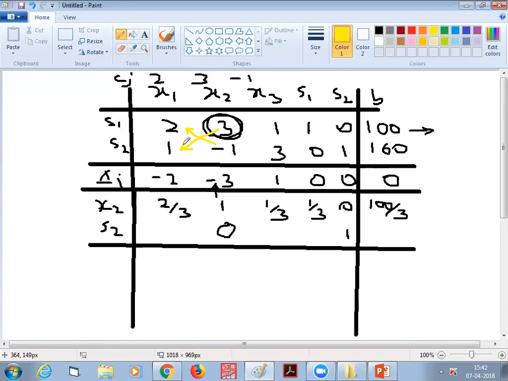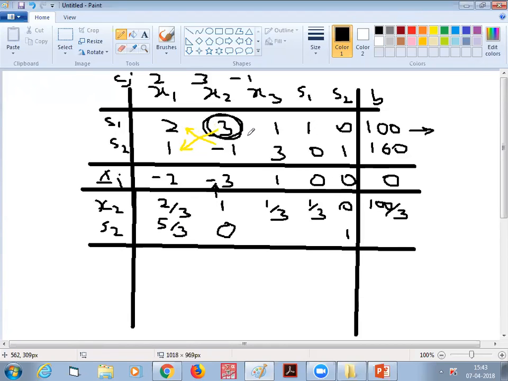So that's 3 minus 2. How much is that? 5. And I divide by the pivot entry. So that becomes 5 by 3. So I start here, multiply into this. 3 into 1 minus 1 into 2. So 3 minus 2 is 5. Divided by 3 is 5 by 3.